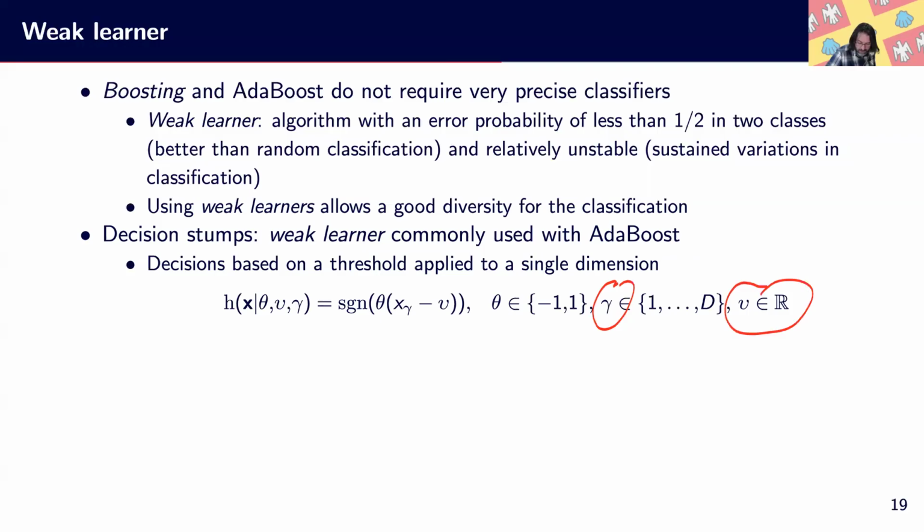The v here is the threshold over which we are comparing the value of x at that index. And the theta here is basically the sign or the direction, it's equivalent to is greater than or is less than.